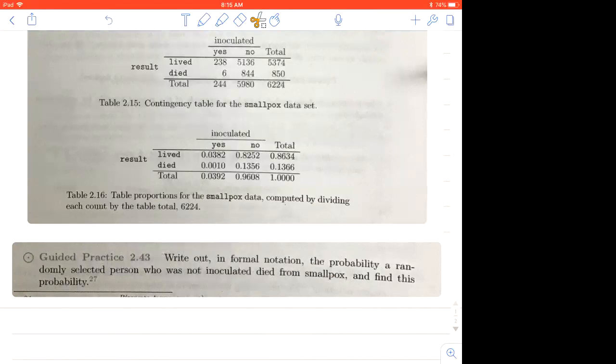So I know you guys are working on your table still. But the first thing that we're going to do is write out informal notation, write our probability notation that we've been working with.